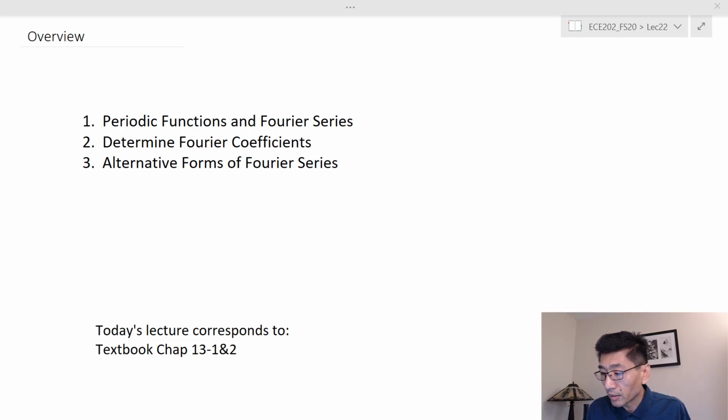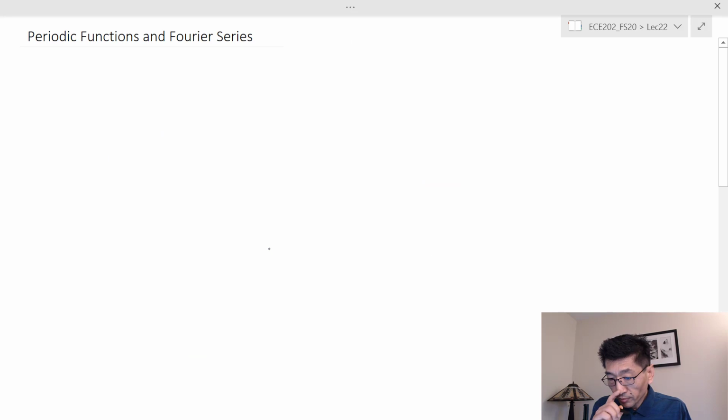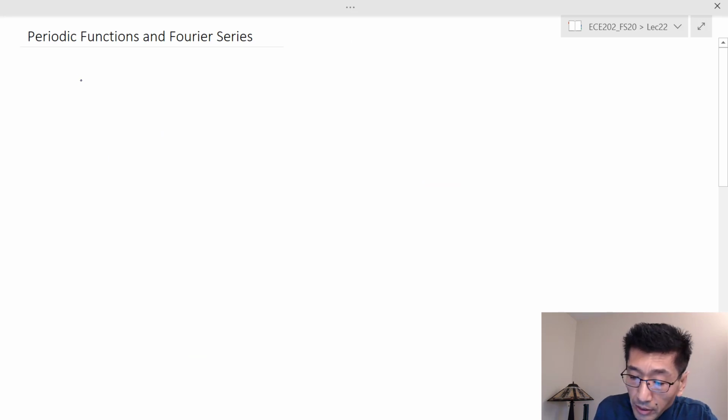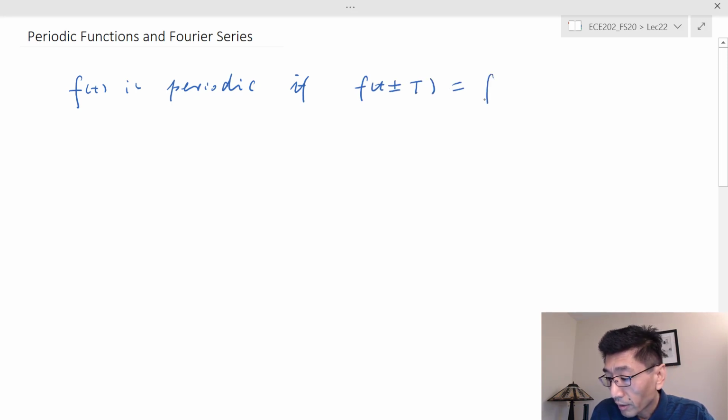So let's start with the periodic function. Let's say we have a function f(t). It is periodic if f(t) plus or minus capital T is equal to f(t).